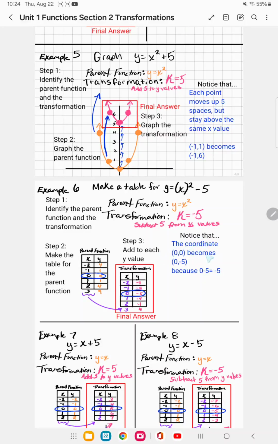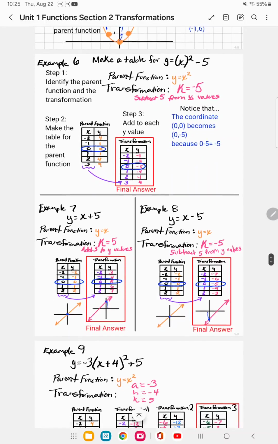And then that goes with the thing we're supposed to notice. This is my vertex, and my vertex has moved down 5 spaces to now be (0, -5), because 0 minus 5 equals -5. And you continue down the list, taking 5 away from each one, and then you'll have your final answer table.